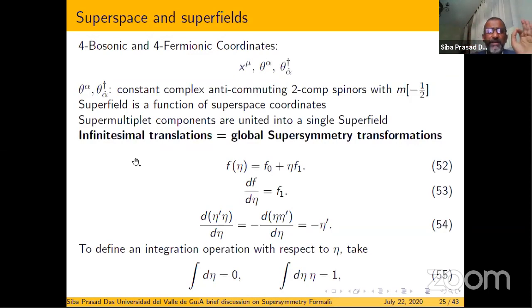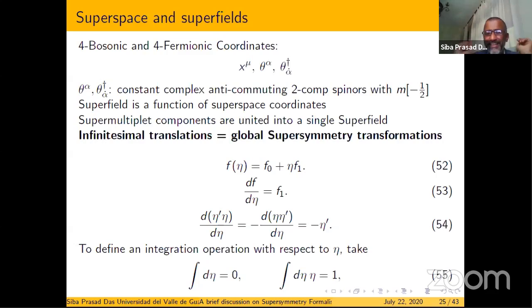Any infinitesimal translation in the superspace is basically a global supersymmetry transformation. Remember the global supersymmetry transformation from the earlier discussion, with the condition that del mu epsilon is equal to 0. So if I translate infinitesimally in the superspace, that is exactly equal to the global supersymmetry transformation.